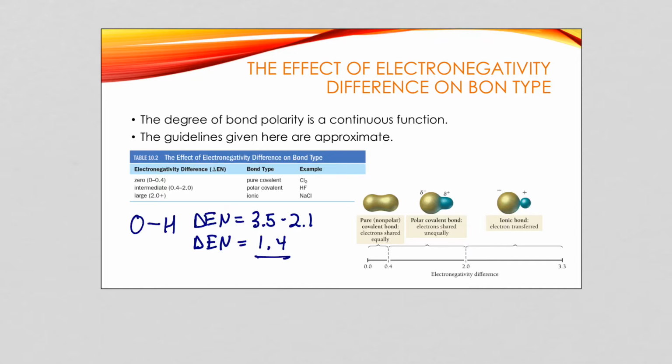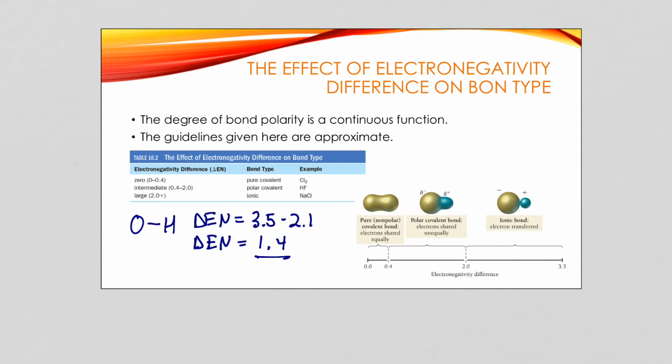Now, once we have our value for our difference in electronegativity of a bond, we can then apply our criteria. If we have a difference of 0 to 0.4, that means we have what's called a nonpolar, or what this book calls a pure covalent bond. I will not use that term. I will just simply call it a nonpolar bond if the difference is small.